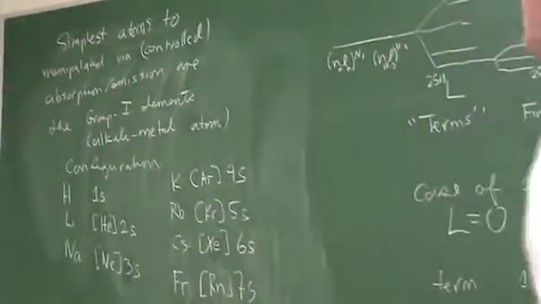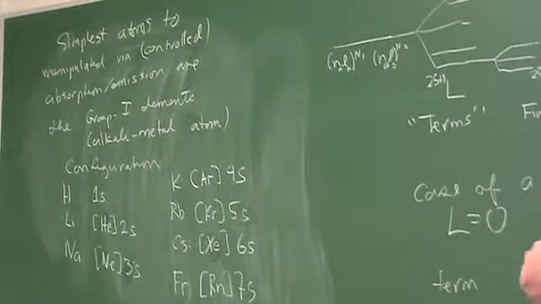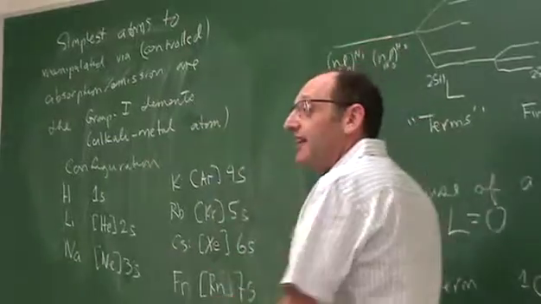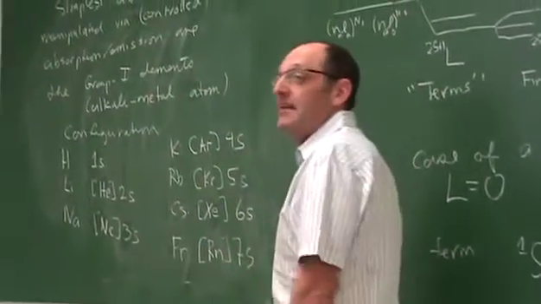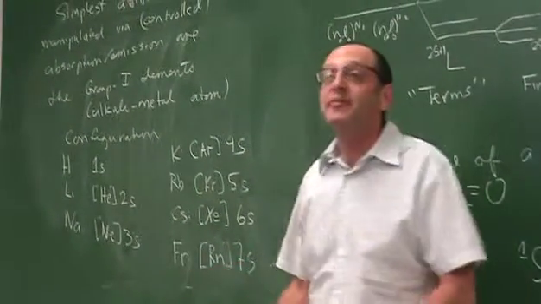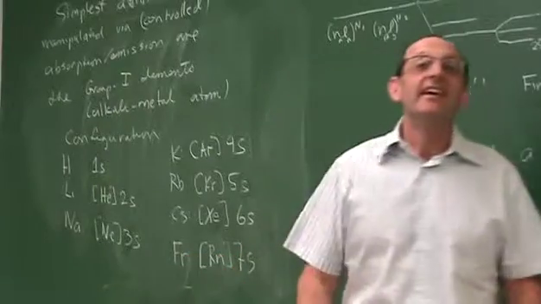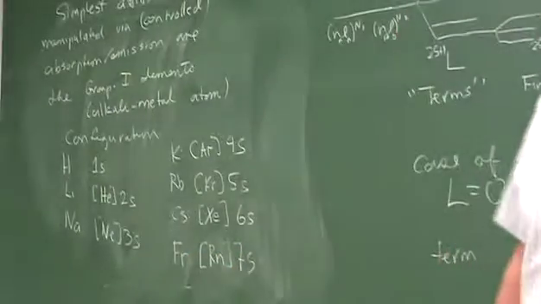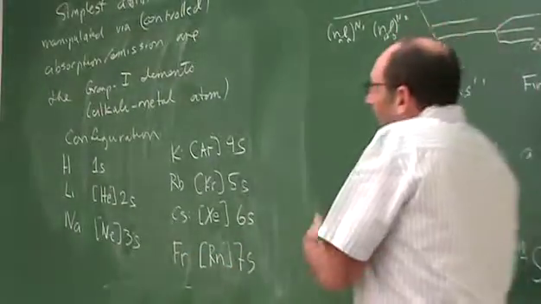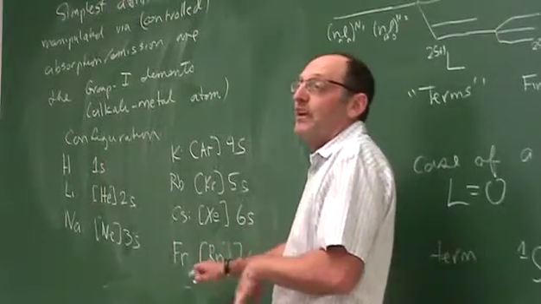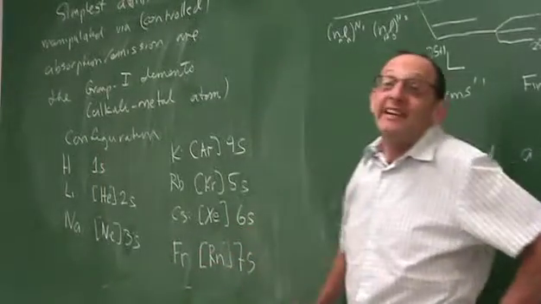Okay. All of these atoms have been laser cooled. All of them have been condensed all the way to BEC, I think, other than francium. Francium is the only one of these whose isotopes are all radioactive. But that's actually interesting too.